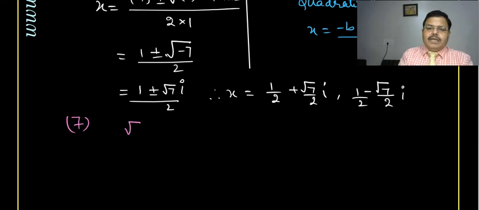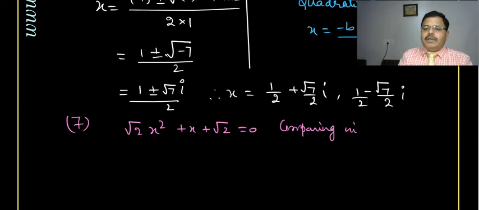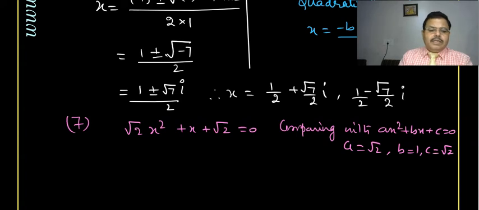So 7 is root 2 x square plus x plus root 2 is equal to 0. If you compare with x square plus bx plus c is equal to 0, you will have a is equal to root 2, b is equal to 1, c is equal to root 2, isn't it?